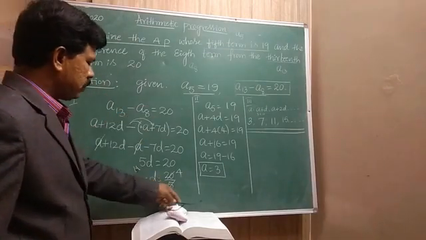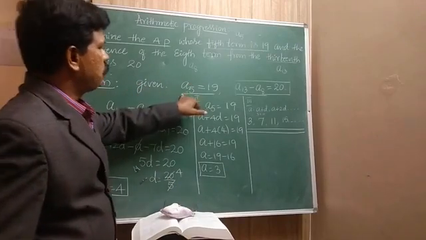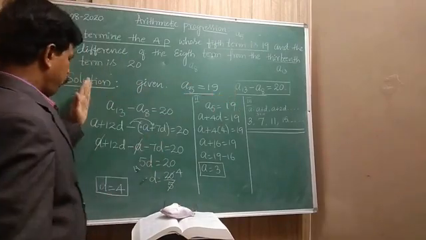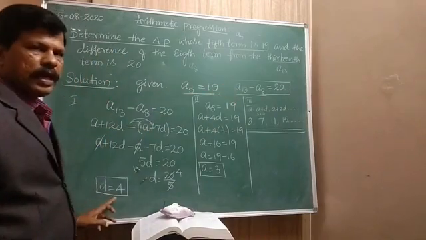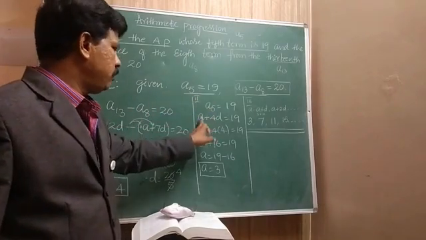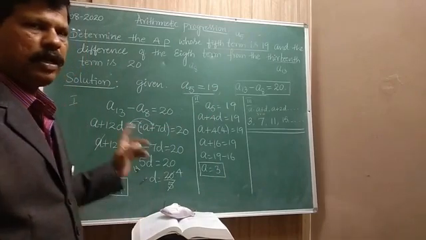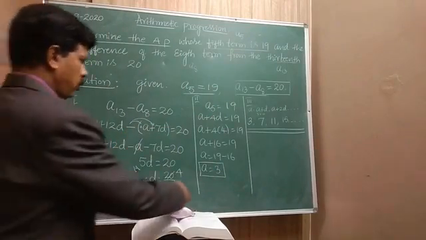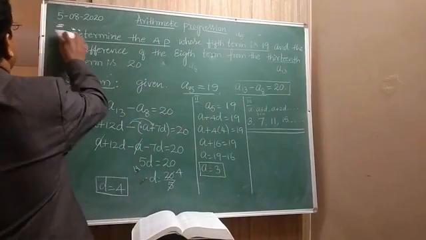See, you should write what is given. These two things are given. First, take this part and find out D. Then use this D, take the other part and find out A. Then find the AP. Clear? This is how to solve this problem. Now the second problem.